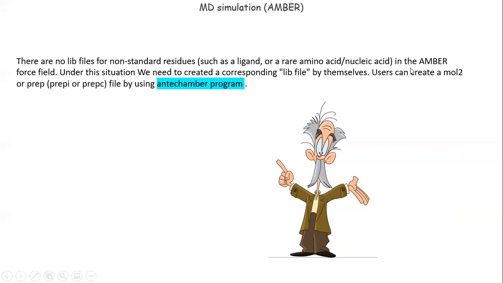So in Amber we need to create lib files. Because Amber has no lib files for the non-standard residues, we should find or create these lib files ourselves, using the specific Amber program named Antechamber.